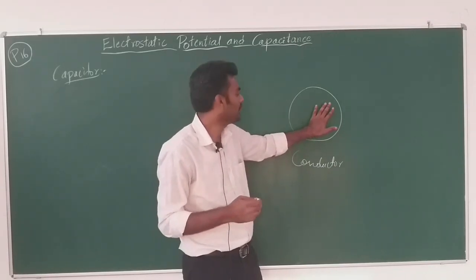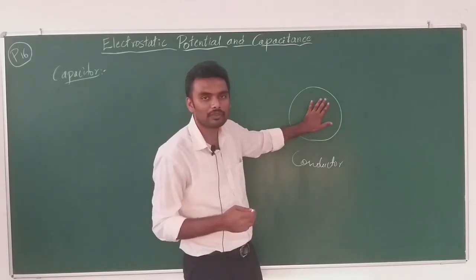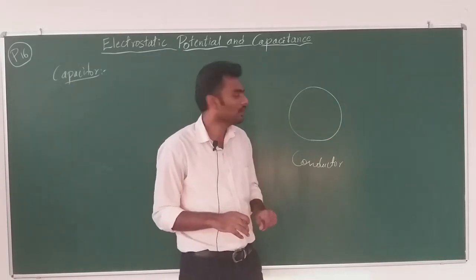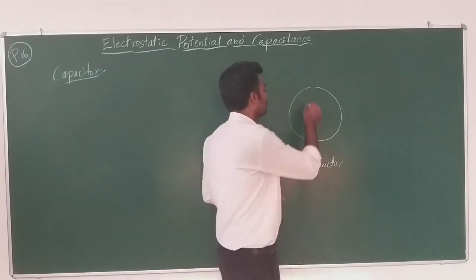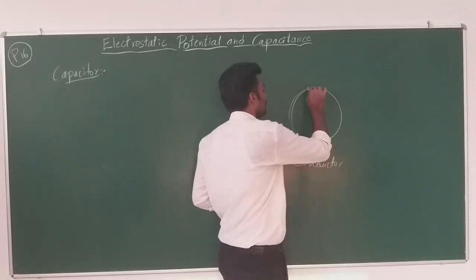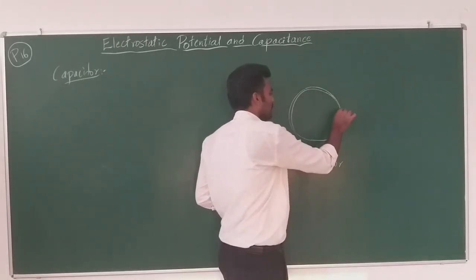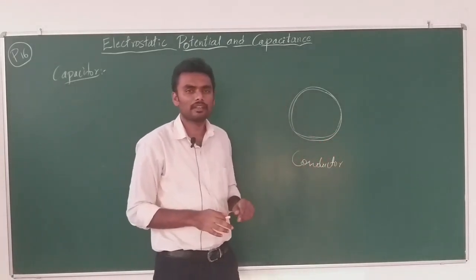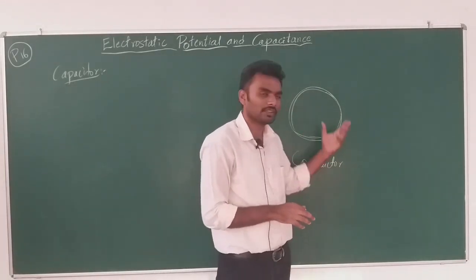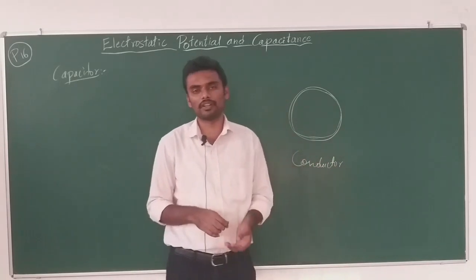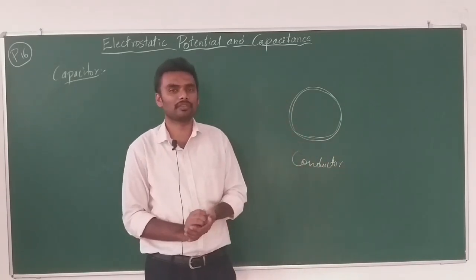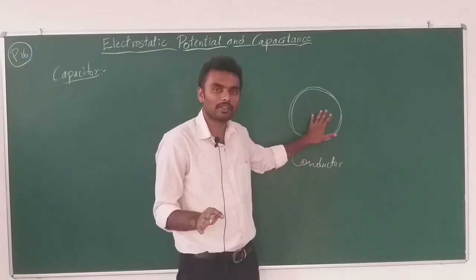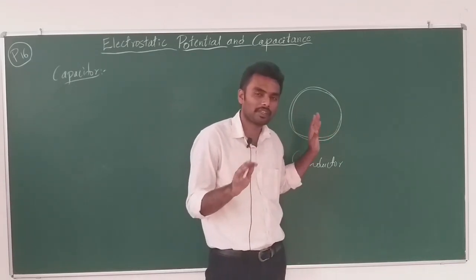No need to worry. Anyhow, we don't need the solid part. This solid part inside is not of use for us. So I'll be going for hollow for now. You can choose hollow or even solid, also fine. During the discussion, we will also consider solid itself, but hollow is fine for me. So solid is also fine. You can store charge even in that.